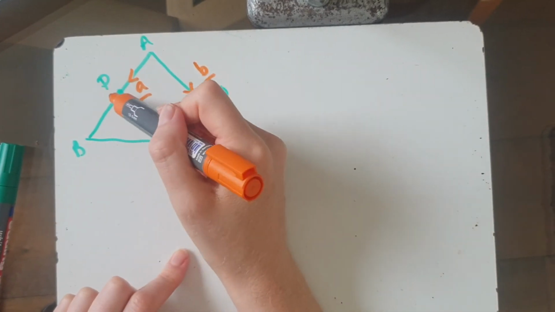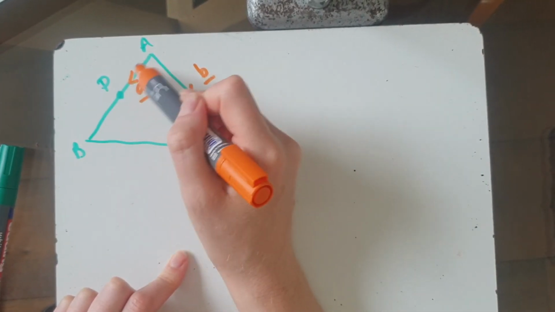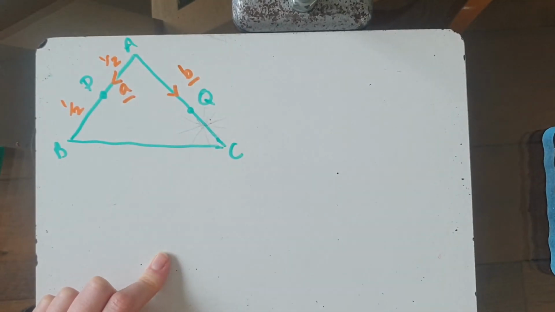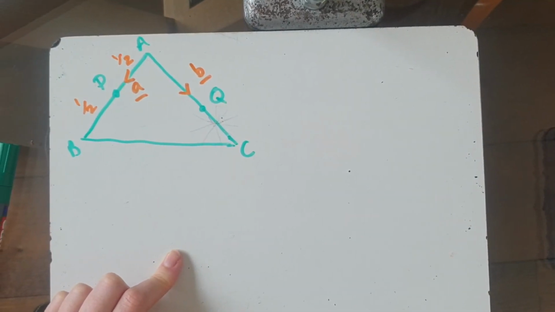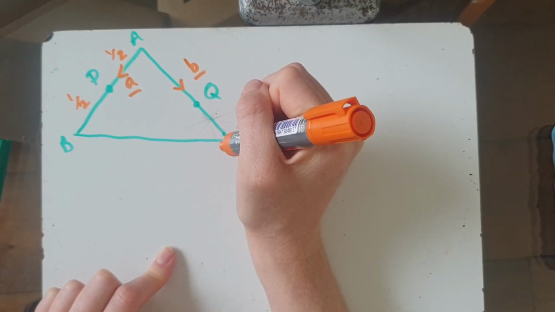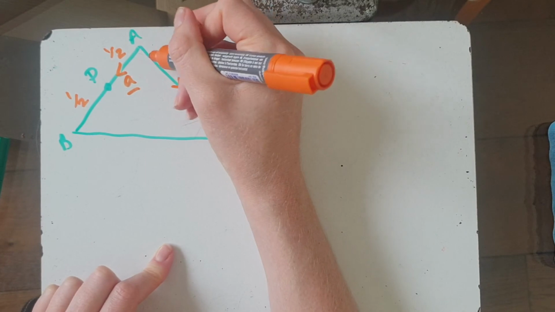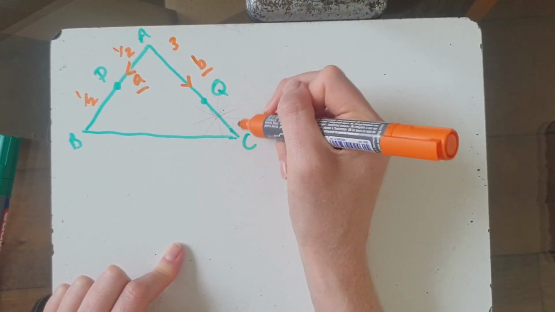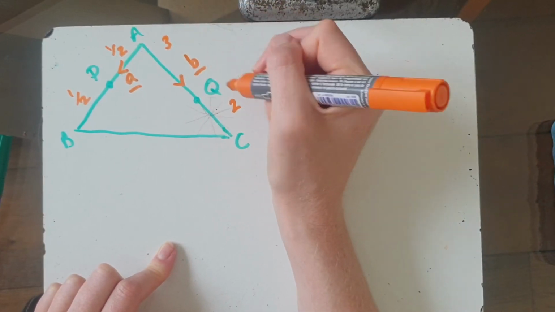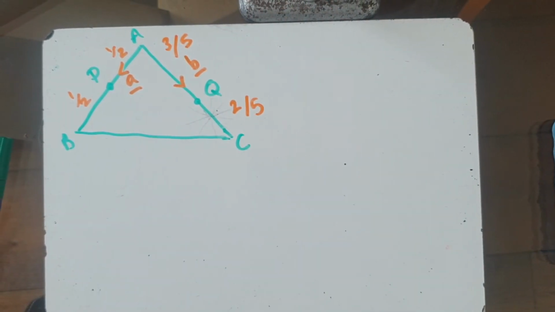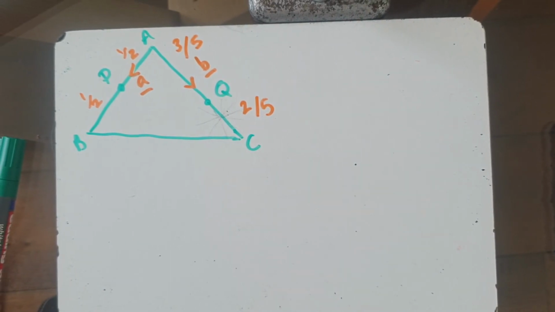Point P is the midpoint, so that means it's splitting this line into two halves. However, Q divides AC in the ratio 3 to 2. So this bit makes up 3 parts and this bit makes up 2 parts. So there's 5 parts in total. So it's 3/5 and 2/5. That is how the line is split.